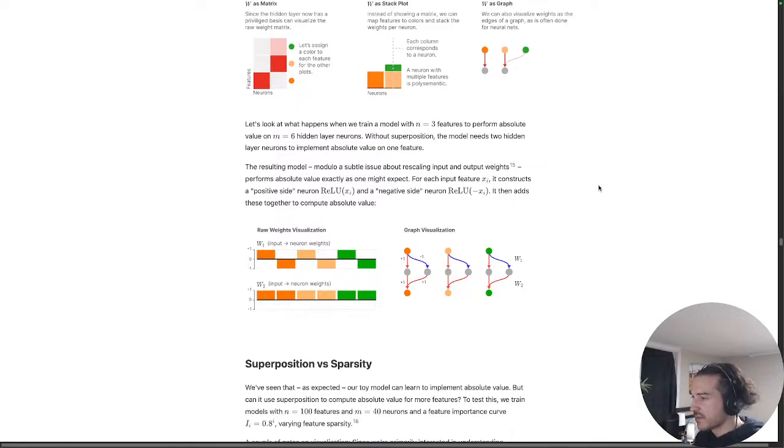And in the graph visualization, we see orange is going to this first node and the second node, with +1 and -1 respectively, and then these are mapping to this orange in weight 2. Likewise, light orange is mapping to 2 nodes, +1 and -1 respectively, and then these are mapping to one orange in weight 2, and repeated for the green.